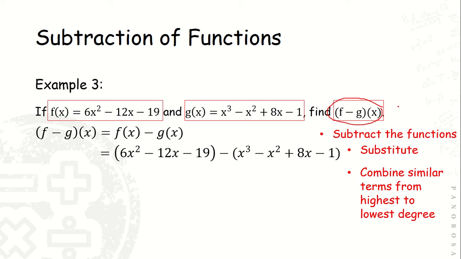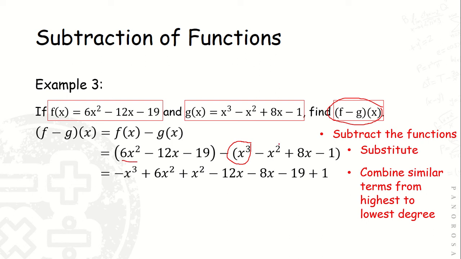So we'll have first negative x cubed plus 6x squared plus x squared minus 12x minus 8x minus 19 plus 1. So we will have first x cubed because that is the term with the highest exponent. Negative times positive, so therefore x cubed will carry the sign negative. And then 6x squared, copy.